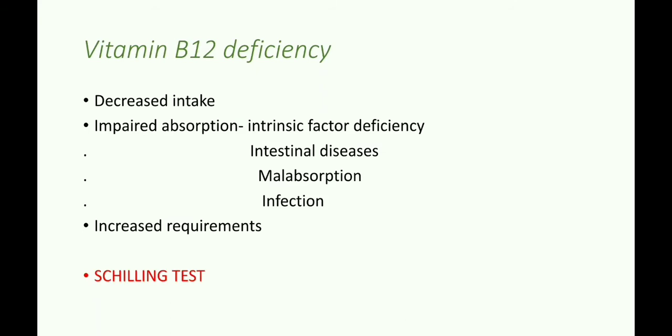By this Schilling test, you can find out whether the problem is due to intrinsic factor deficiency or whether there are some other causes. But at the same time, here you cannot diagnose vitamin B12 deficiency.